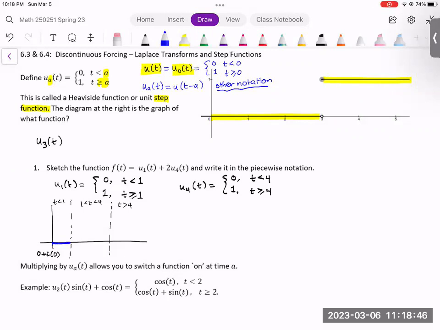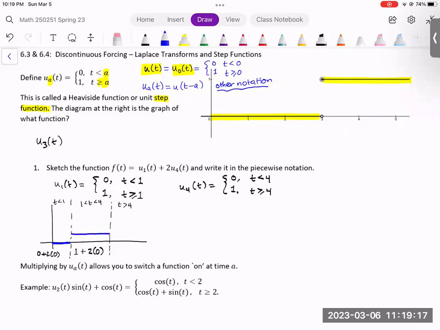Between 1 and 4, u_1 of t is now equal to 1, because we satisfy that t is greater than or equal to 1. And u_4 of t, well, t is still less than 4, so that one is equal to 0. This gives us 1 plus 2 times 0, which is overall equal to 1.